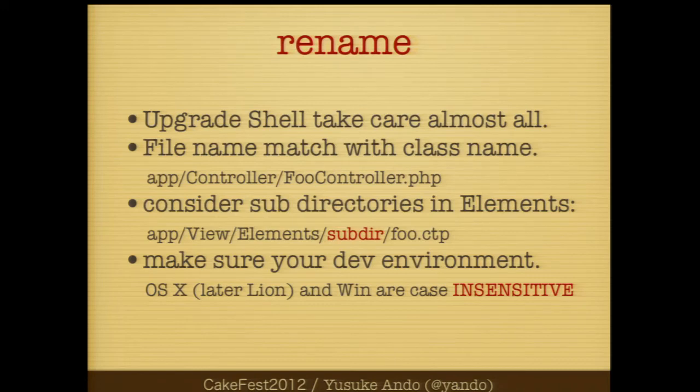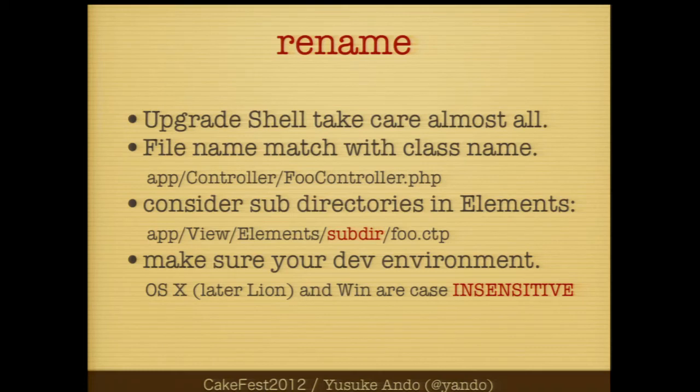But if you have some subdirectory under the elements, those things cannot be renamed from upgrade shell. So you have to consider rename or not. And if you need to rename, you have to deal with your source code manually.